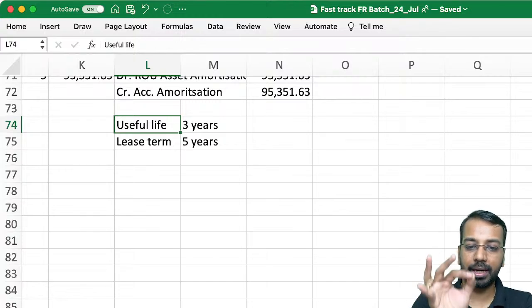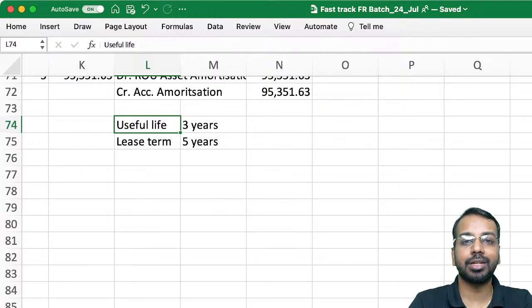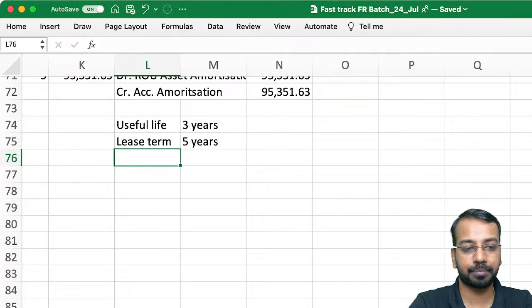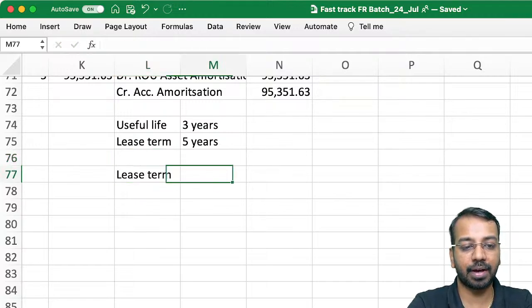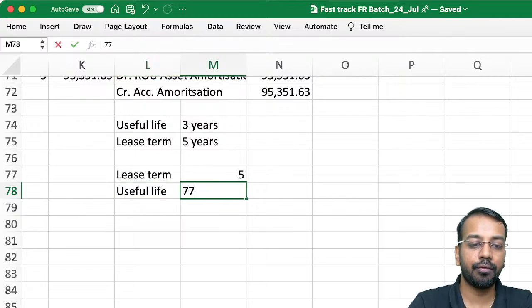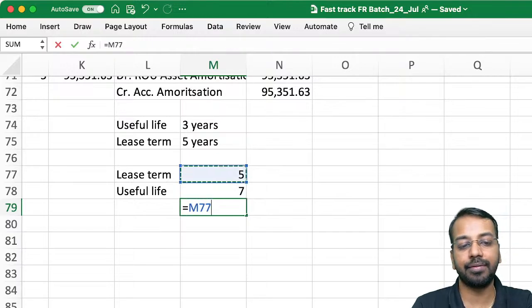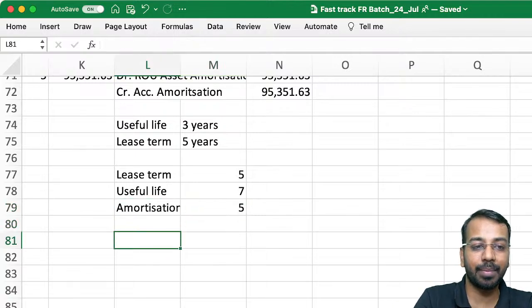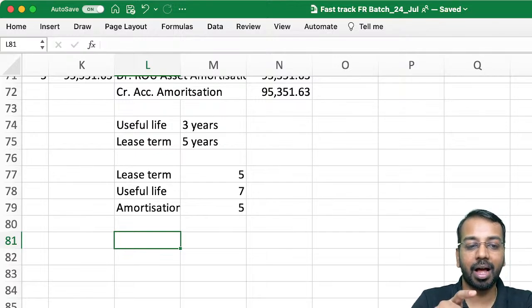Now, one thing that you can remember is that the amortization cannot exceed the useful life. But sometimes what happens is, let us say, lease term is 5 years, useful life is 7 years. We normally will amortize it over a 5-year period. But if after 5 years I am buying the same asset, then I will amortize it over a 7-year period.